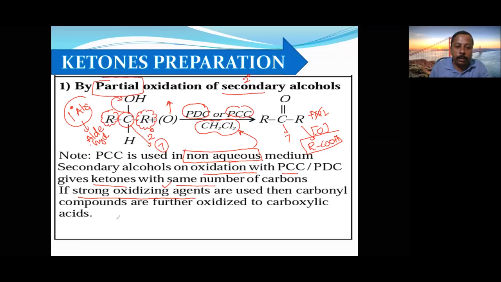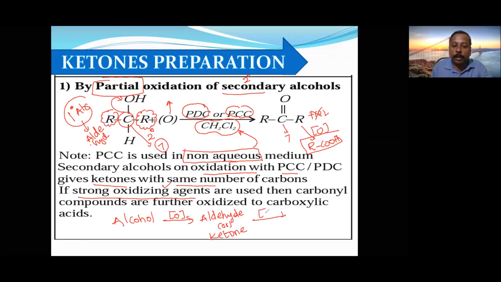See, I will write it here. Alcohol. This is useful in the conversions, which you will get in the board exam as well as in the competitive exams. Alcohol on partial oxidation will give you aldehyde, otherwise ketone; it can give you aldehyde or it can give you ketone.